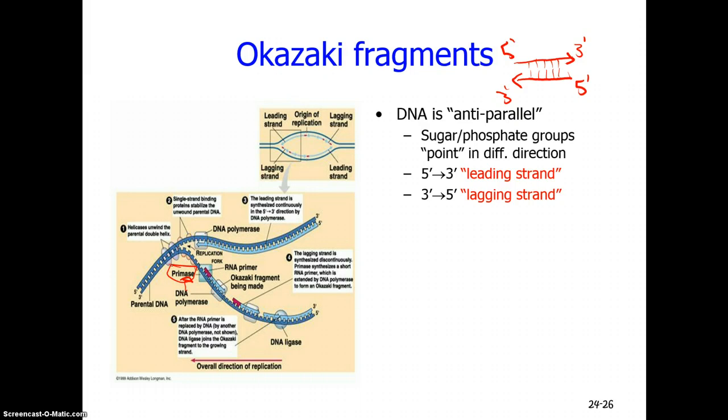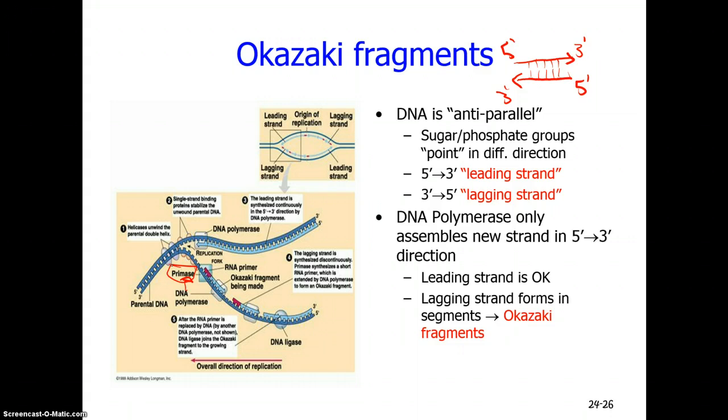Normally DNA polymerase assembles a new strand from the 5' to the 3' end. If you see here, here's my new strand, and it's going from 5' to 3' end. That's its normal direction.